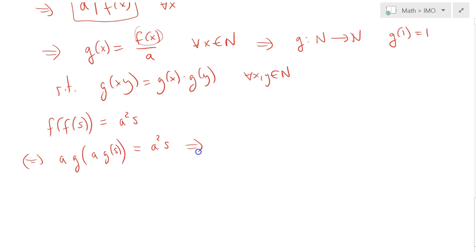So therefore the a's will cancel out, so we would have g of a g of s is equal to a times s.